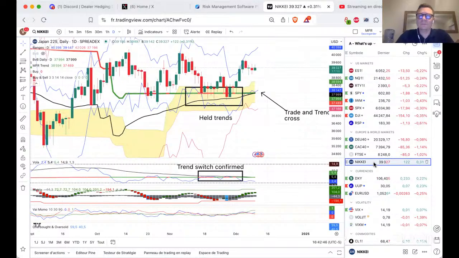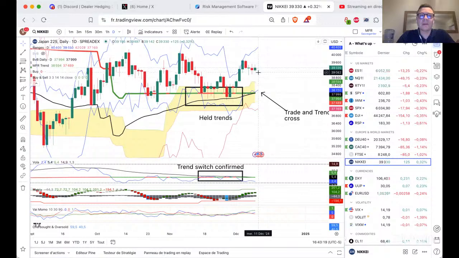So what you got was it held trend, MFR trend, it held my volatility trend, and you are almost with trade crossing trend of vola. If you have followed this channel for some time and you have seen me explain what it means, you know that this thing is quite important. So for the people looking to buy Nikkei, these things should be very interesting.